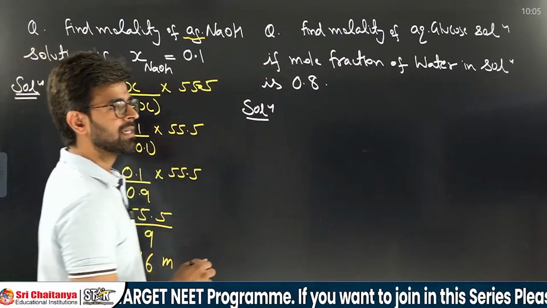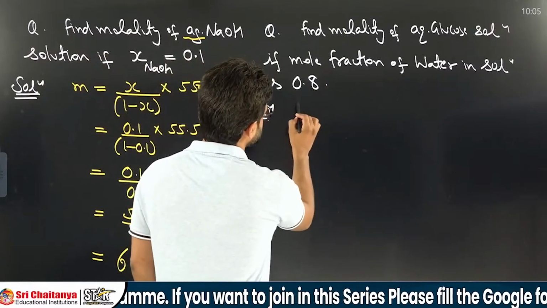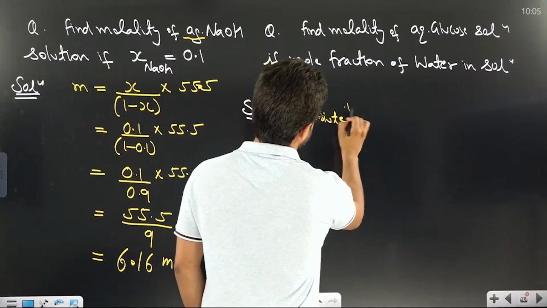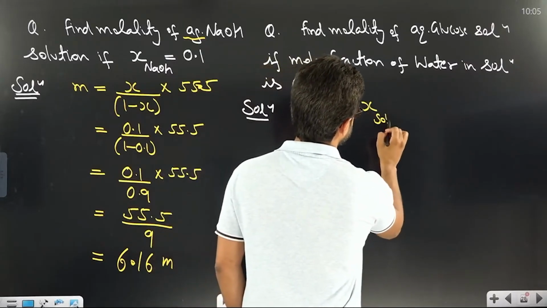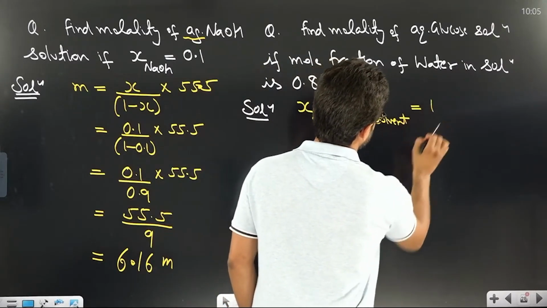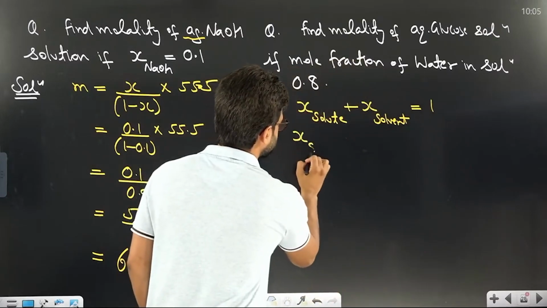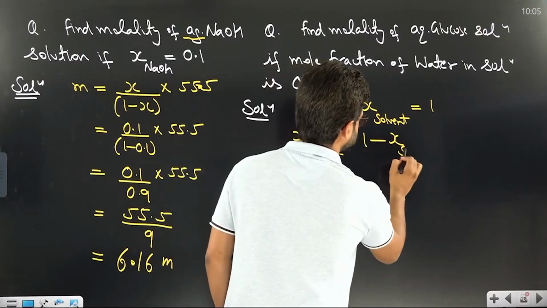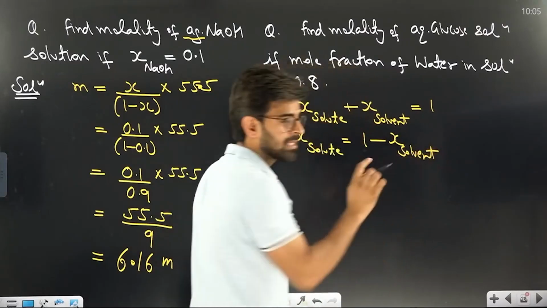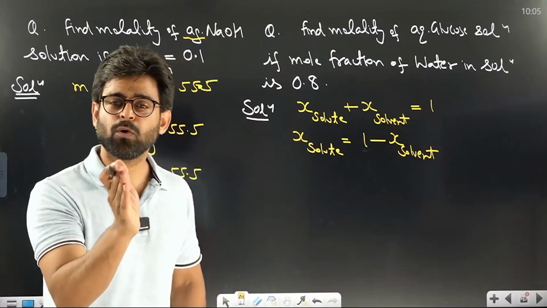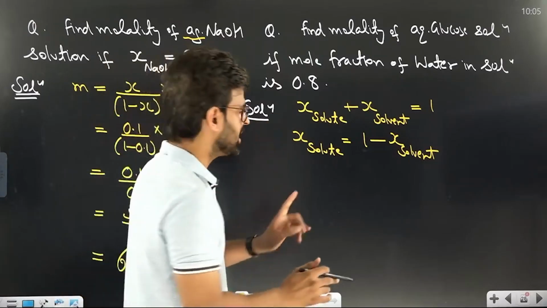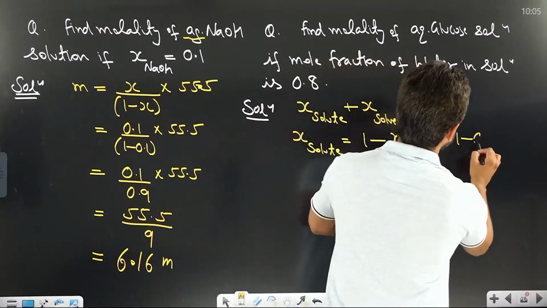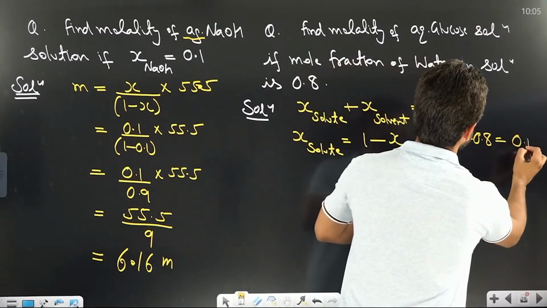You see, the mole fraction of solute plus the mole fraction of solvent equals 1. If you want to find the mole fraction of solute, it is 1 minus the mole fraction of solvent, because the sum of the mole fractions of all the components equals 1. So 1 minus 0.8 is 0.2.